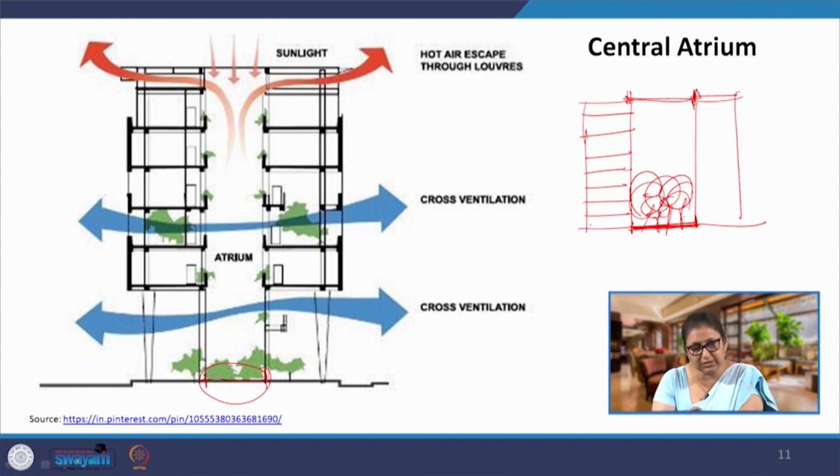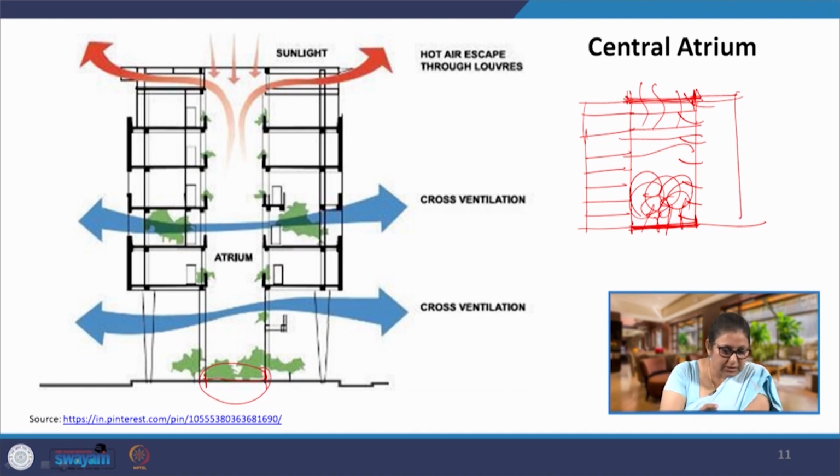Now, what will that green cover facilitate? It will maintain the environment as cooler, and in general it will allow the warmer air to escape. So, ventilators on each side will help in drawing air out because this top level is going to be hotter than the bottom layers.